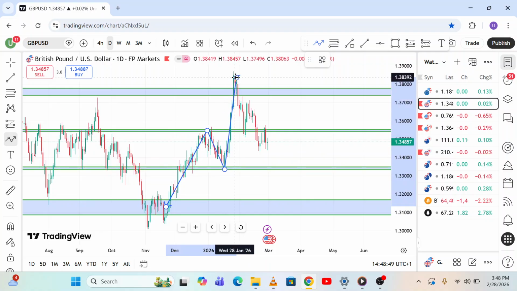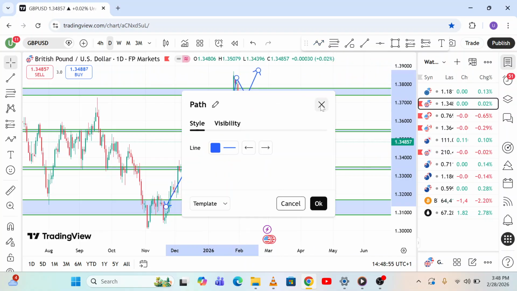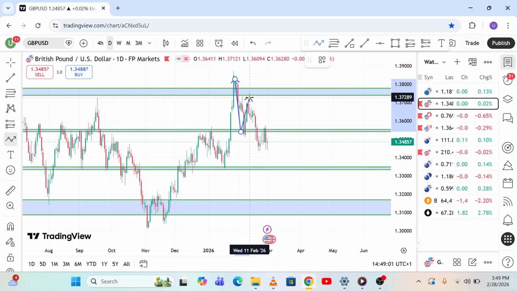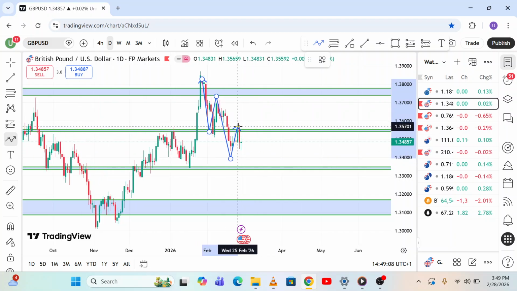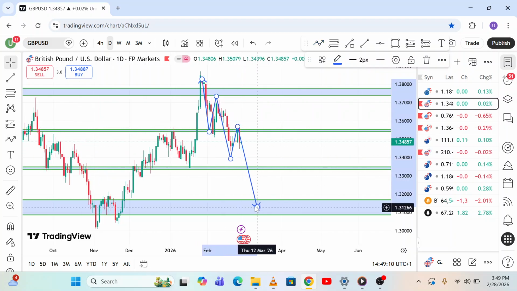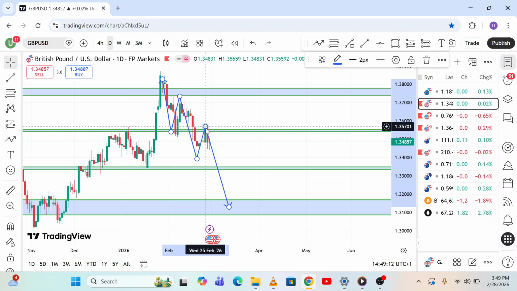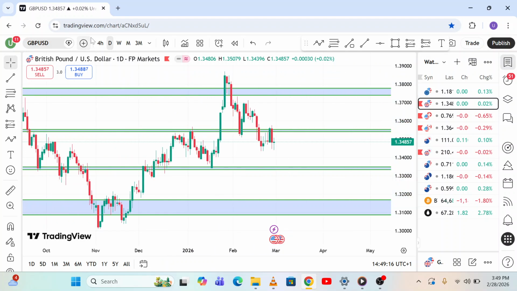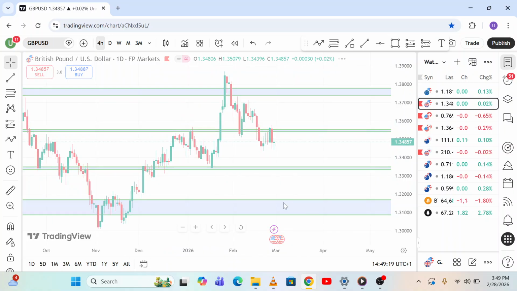But the buyers failed to continue upward there, so instead of continuing to move, they broke this structure to form a lower low, lower high, lower low. We are not sure if those sellers are strong enough to bring the market down here, or if it's a manipulation. Let's go to a lower time frame, H4, to see what's going on.